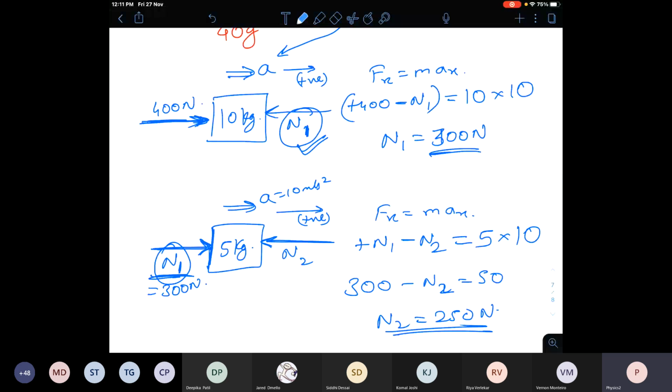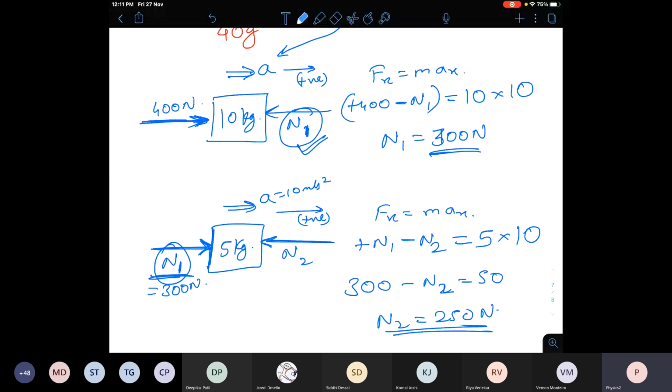Is the magnitude of normal reaction the magnitude of force exerted? No. Why would the magnitude of force exerted be N1 minus N2? How are you saying the magnitude of normal reaction is the magnitude of force exerted? The net force exerted is N1 minus N2, but that is a different thing.